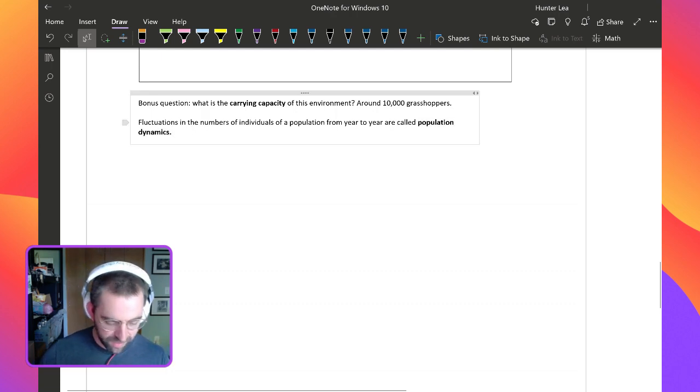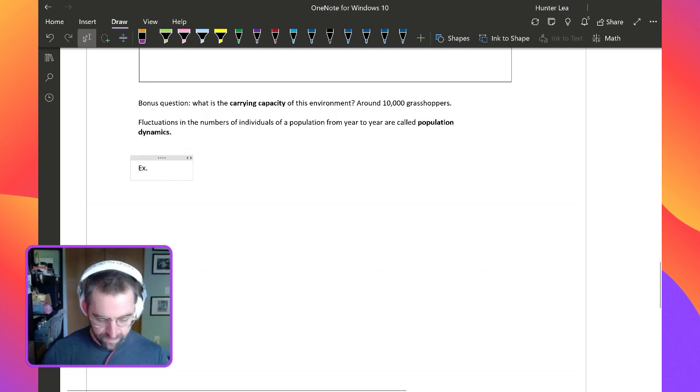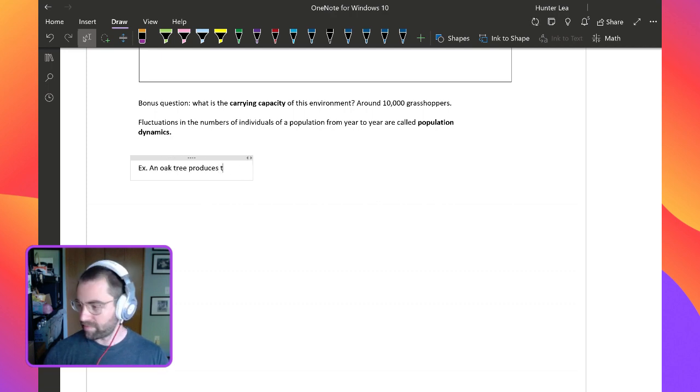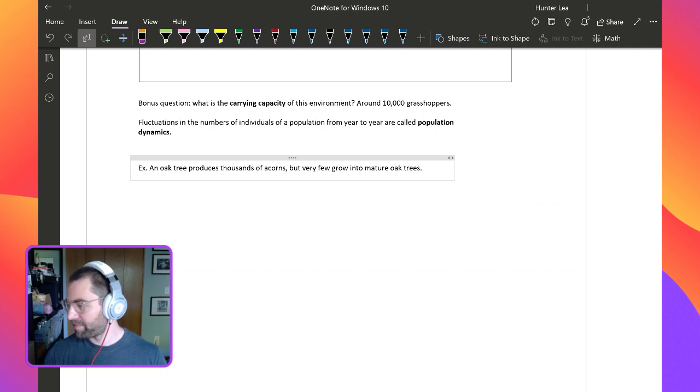So the example problem: an oak tree produces thousands of acorns, but very few grow into mature oak trees. The oak tree exhibits what type of survivorship curve?